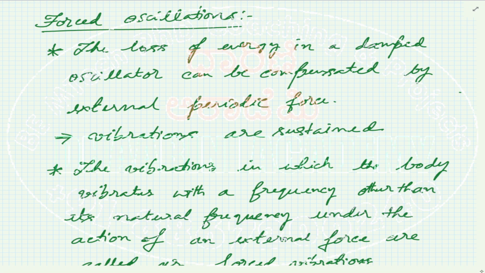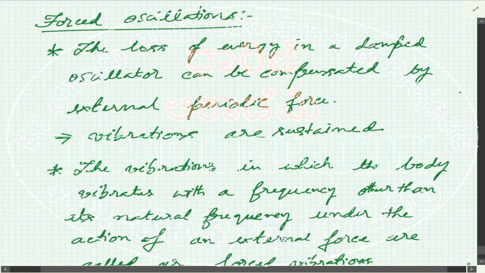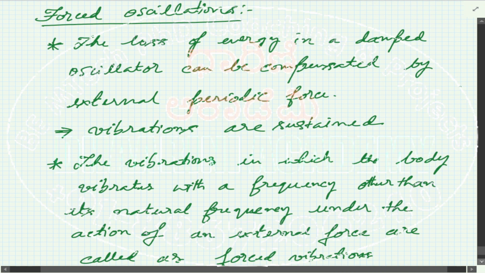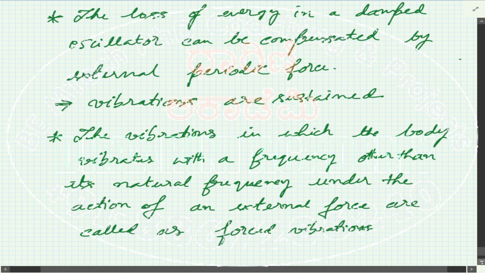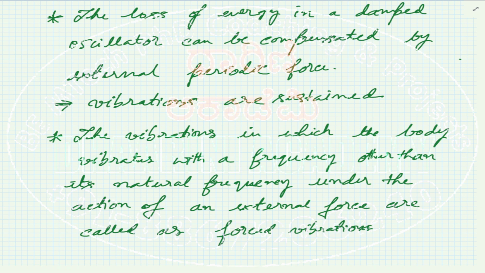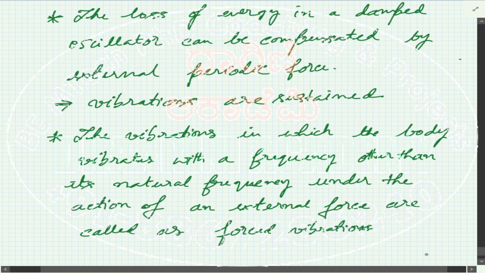Under such conditions, we have vibrations in which the body vibrates at a frequency other than its natural frequency, and under the action of an external force. I repeat, what are the conditions?